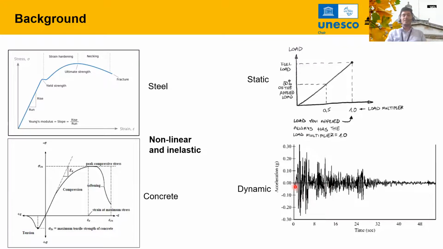So it changes the direction with respect to time. Therefore, there is the degradation, the accumulation of damage, and the change in the structural properties, for example, the vibration properties of our structures, and so on. So those effects cannot be captured when we consider static analysis, which is elastic and linear.